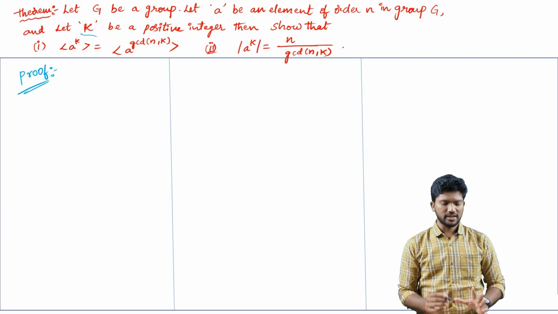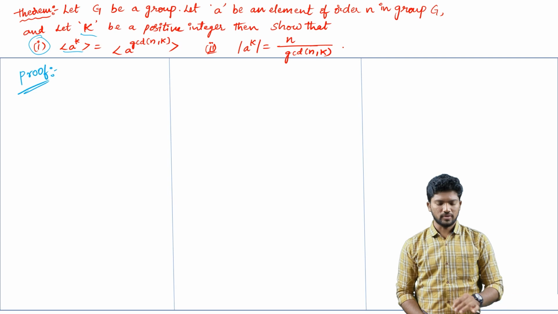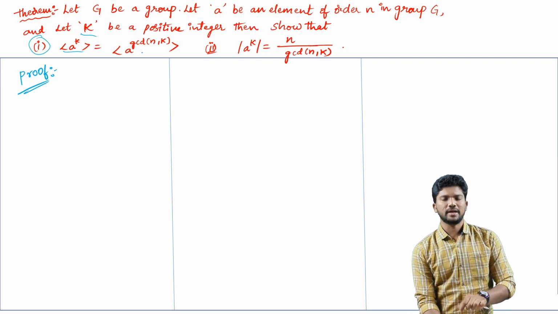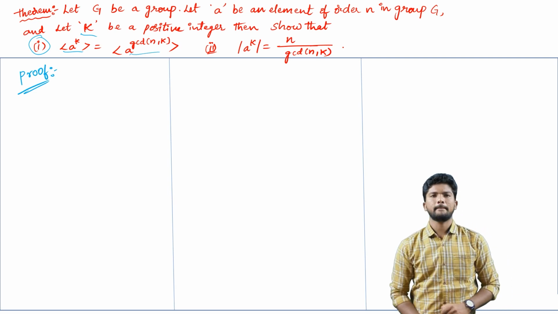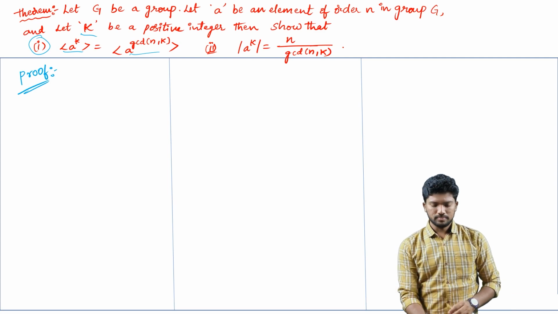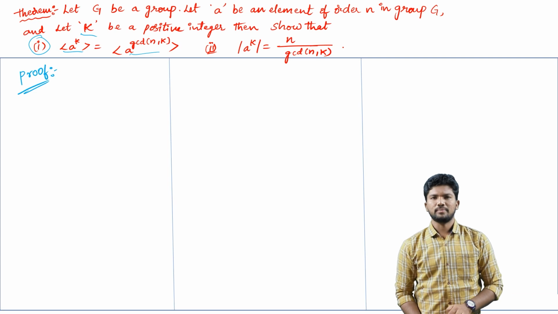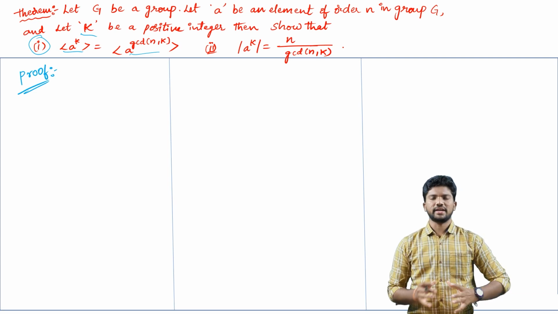Then we have to show the first condition: the cyclic group generated by a^k is equal to the cyclic group generated by a^GCD(n,k). And the second condition: the order of the cyclic group generated by a^k is equal to n by GCD(n,k). So, a very important theorem.